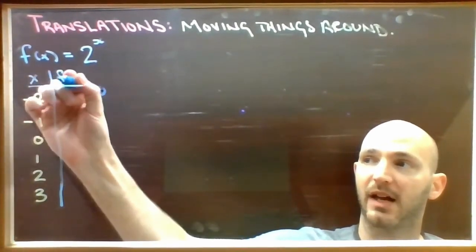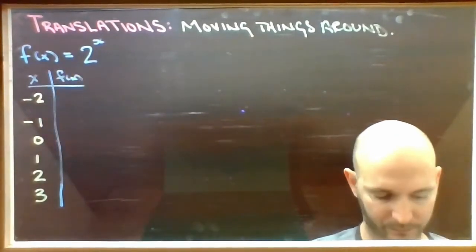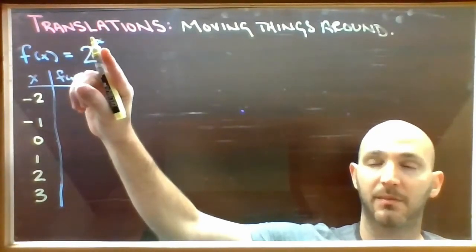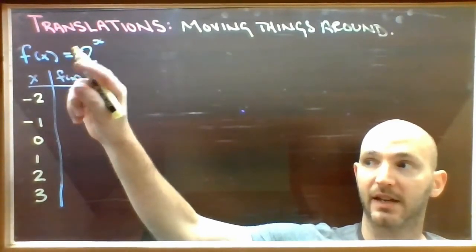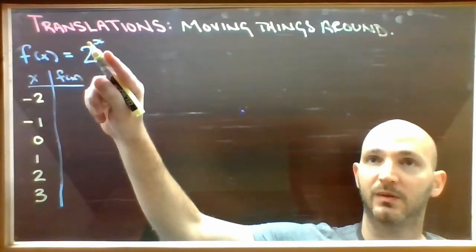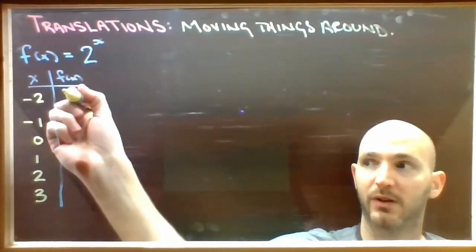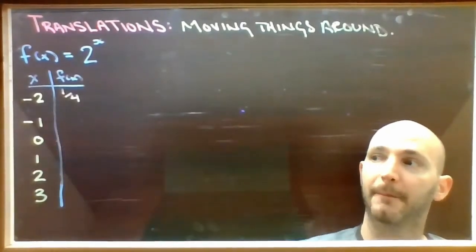This is the value of the function. If I put a negative 2 up into that exponent, I get 2 to the negative 2, which is 1 over 2 squared, which is 1 over 4.